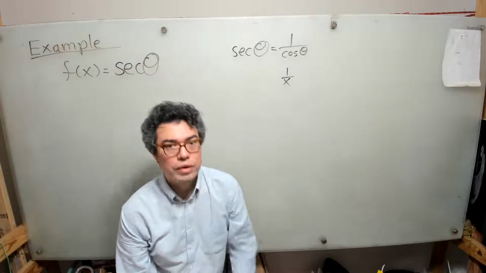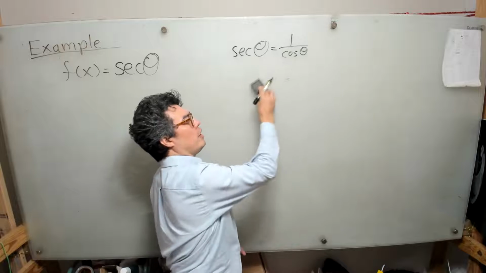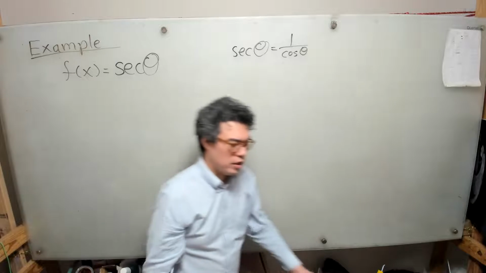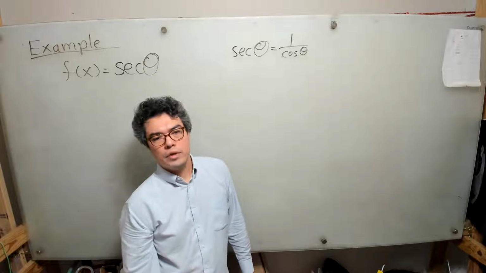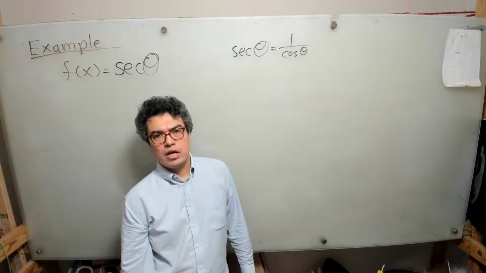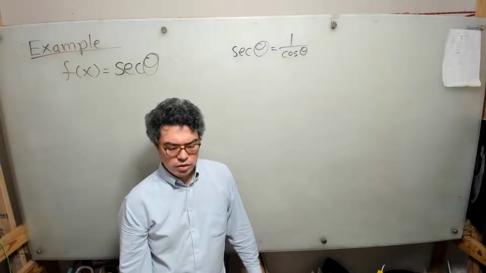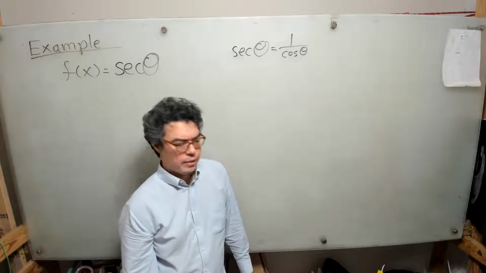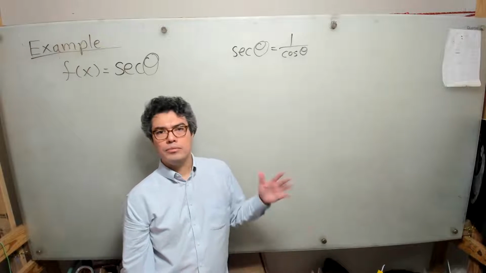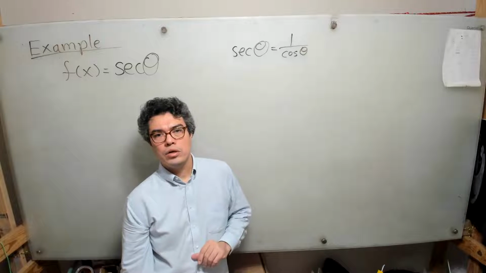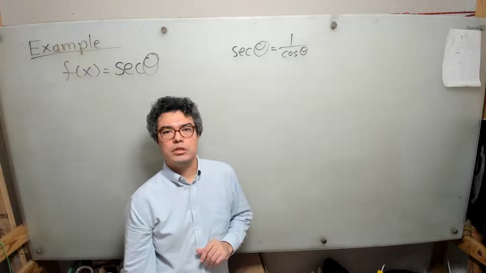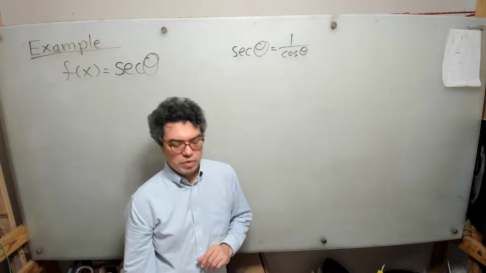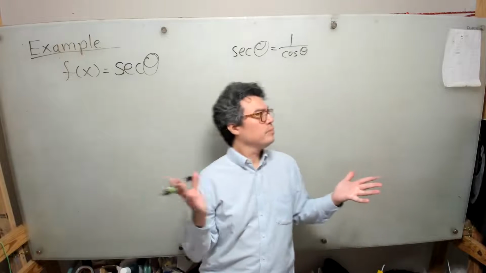And if you want, you can pause right now and try to mimic the analysis I did for the cosecant of theta and see if you can discover the graph of the secant of theta on your own, with your knowledge of the cosine theta. So if you want, you can pause now and do that, or if you want, you can continue and watch this explanation. Either way is fine. Anyway, so now let's continue.